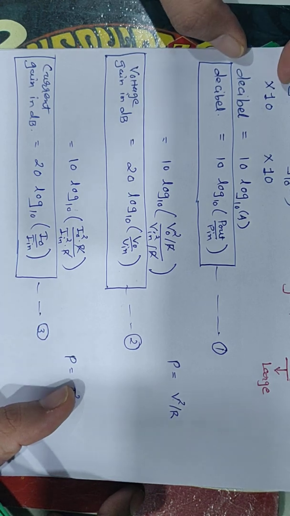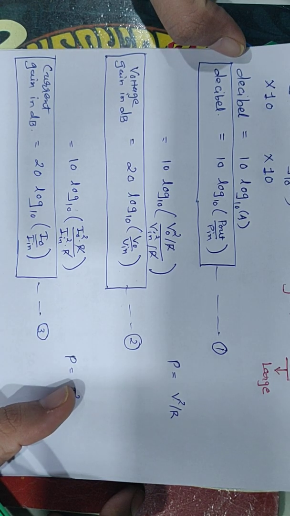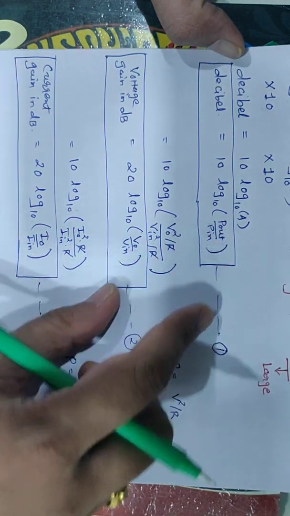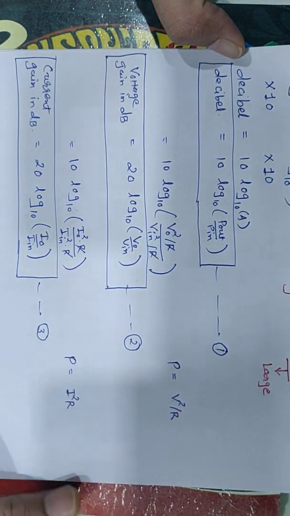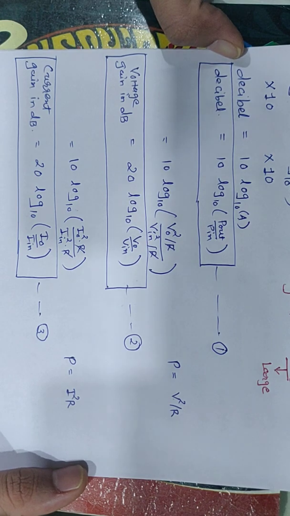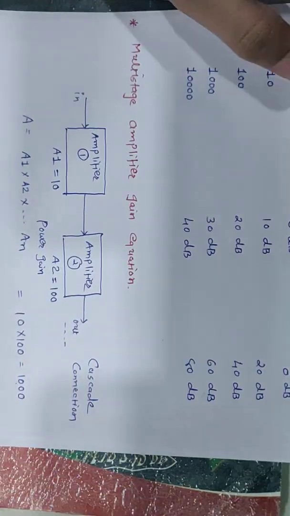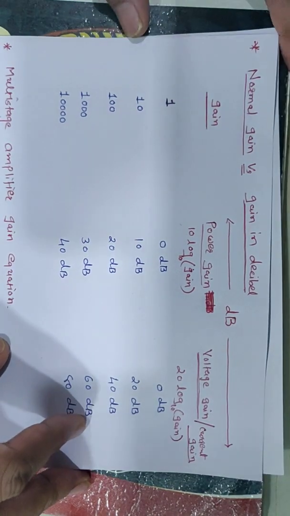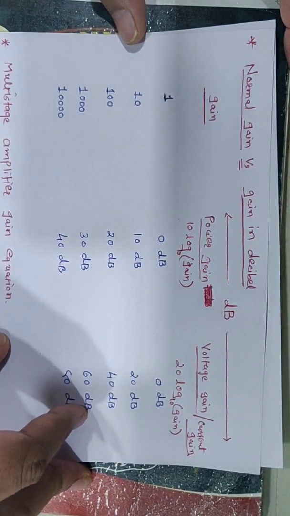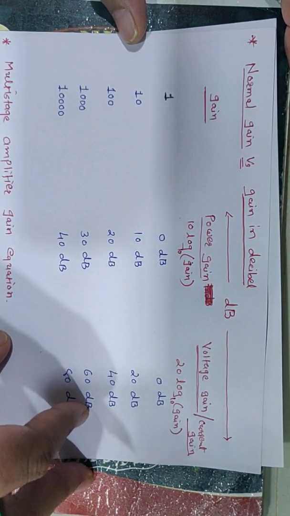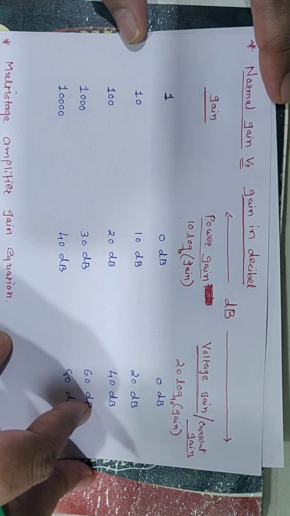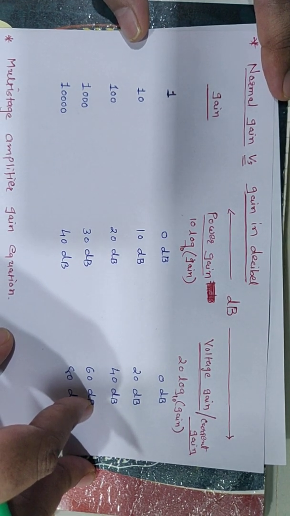There are three types of gain in an amplifier: power gain, voltage gain, and current gain. These three equations, 1, 2 and 3, we derived to find our amplifier's gain in decibel. Then we discussed how we can remember this gain in a particular format so that it is easier to calculate.